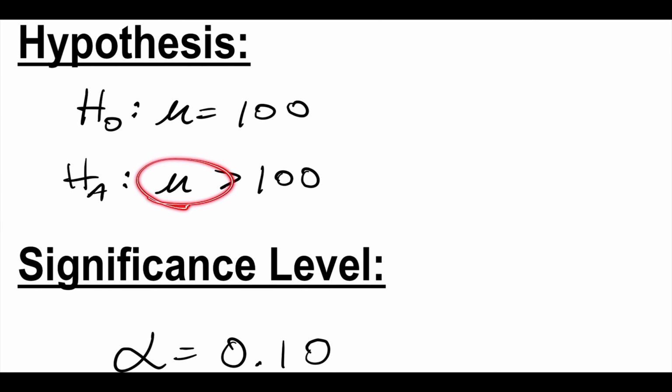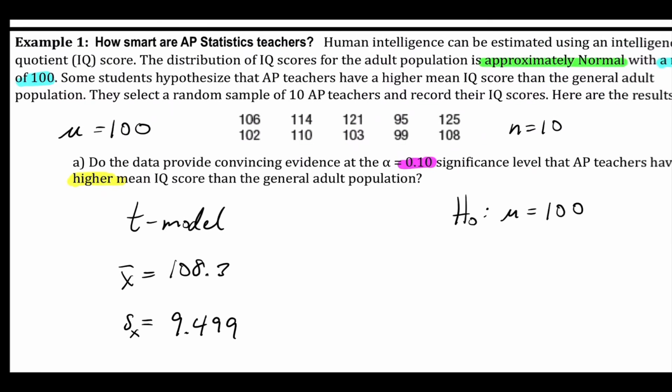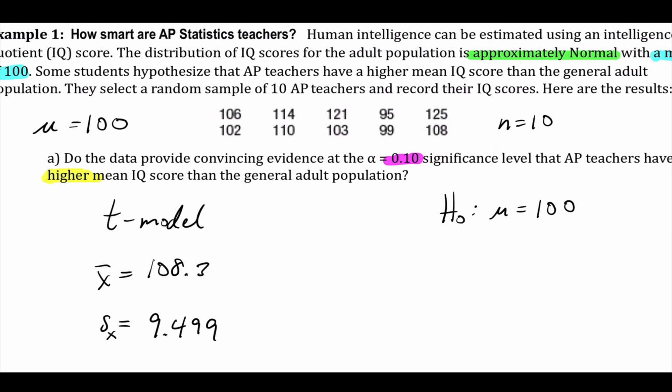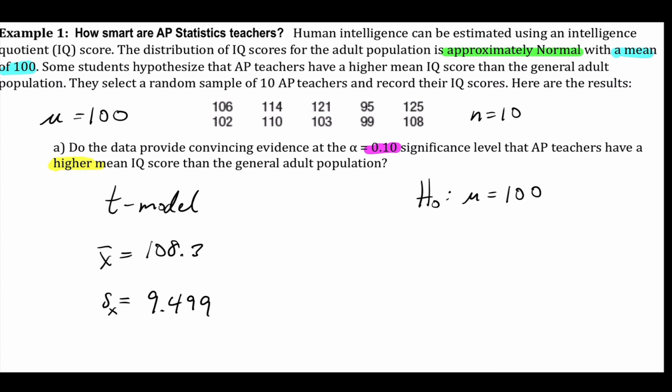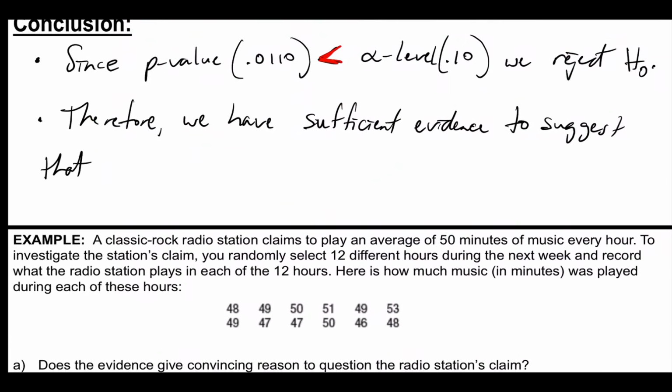So what does this represent? The true IQ of AP teachers is greater than, because the sample comes from just AP teachers, right? The sample only comes from AP teachers, it doesn't come from the general population.